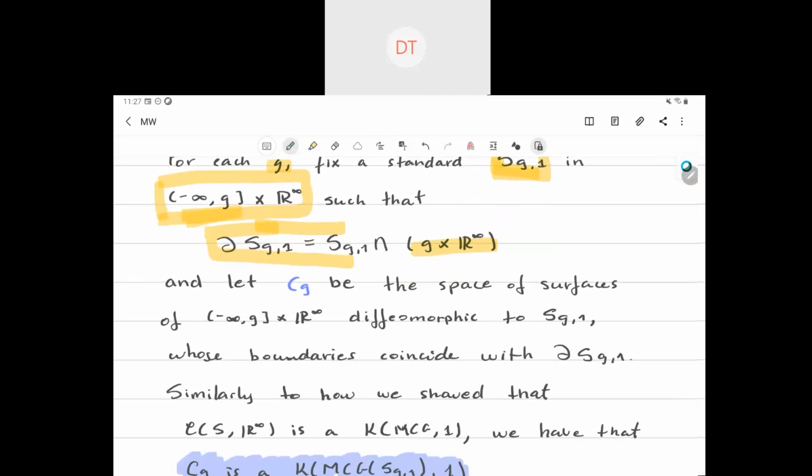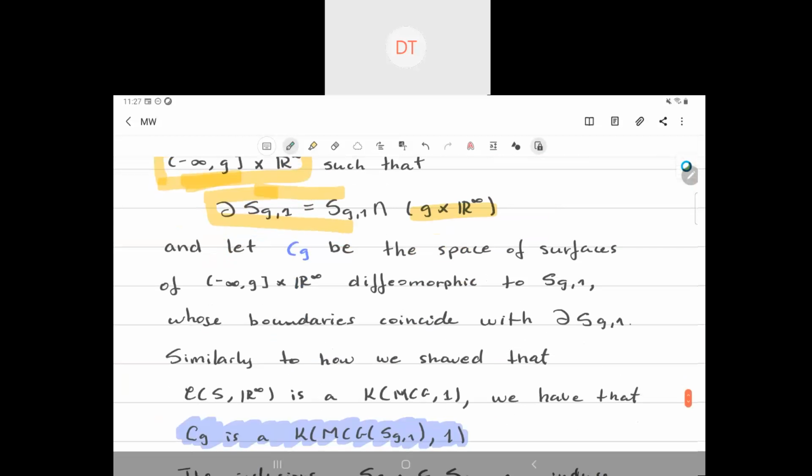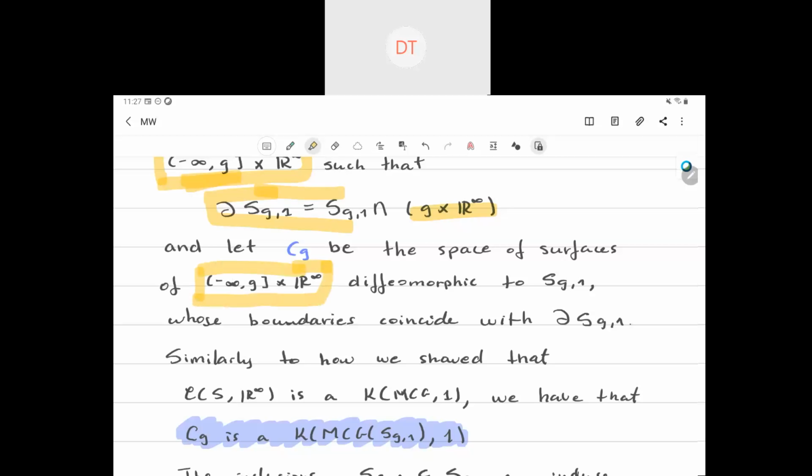And I told you that we wanted this up to diffeomorphism. So let C_G be the space of surfaces in here that are diffeomorphic to our standard choice S_G,1, whose boundaries coincide with that of S_G,1. We want to glue them at the same boundary and consider that up to diffeomorphism.